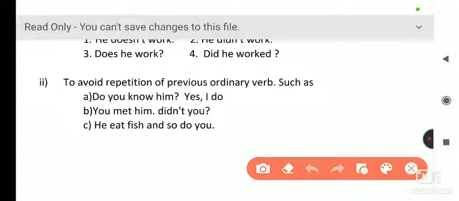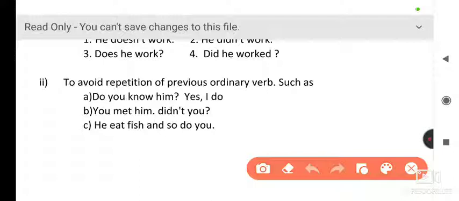The third sentence is he eats fish and so do you. Each sentence has do in place of a repeated verb: do you know, yes I do.